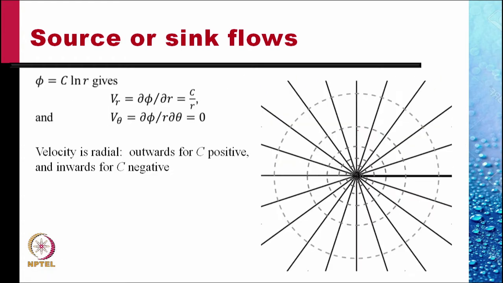Now, this potential function gives you the r velocity component as del phi by del r is equal to c by r, varying inversely as radius, and v theta as 0.